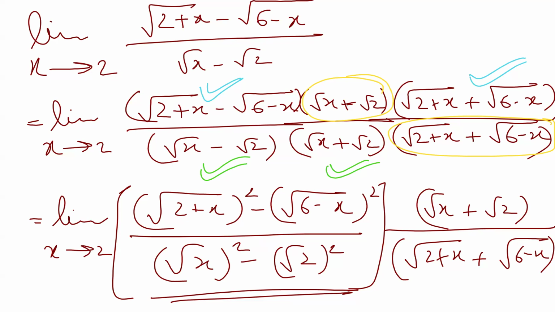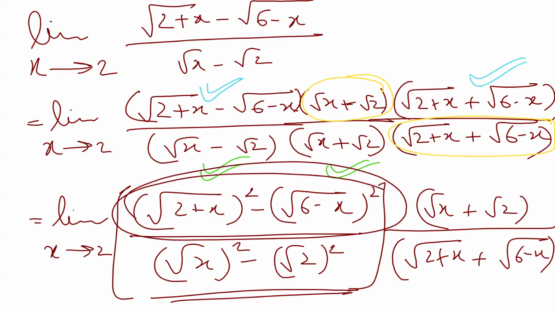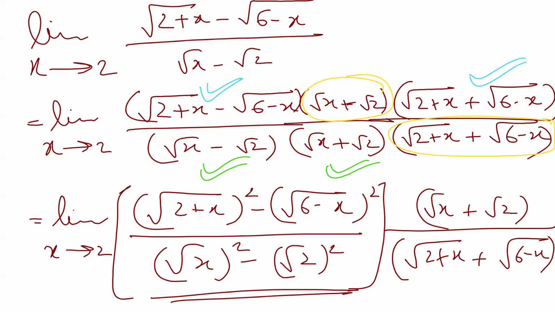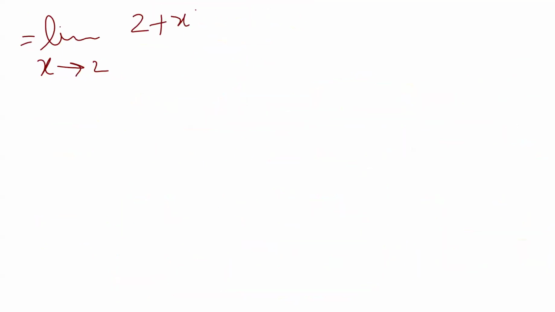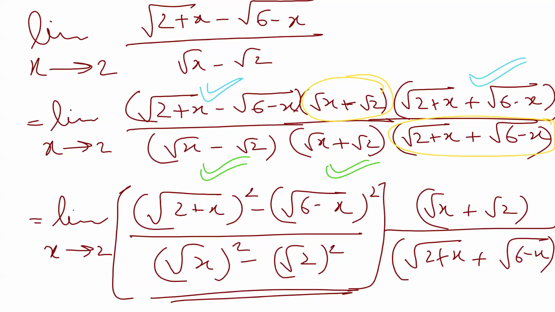Okay. So limit x approaching towards 2. Look at the numerator, this part: 2 plus x minus 6 minus x. And down, it is going to be simply x minus 2.